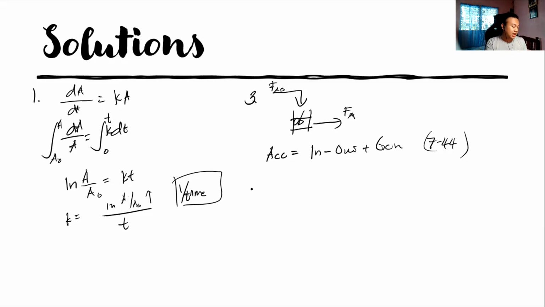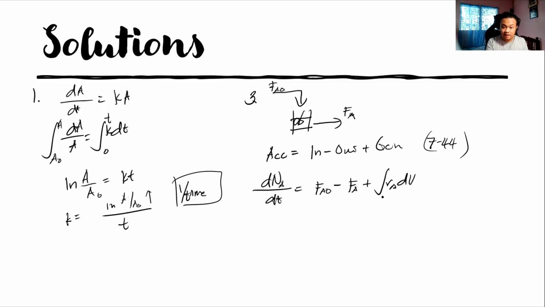We have the accumulation term, dNA over dt, where we name our species A. Then we have the molar flow rate in FA0, then FA, plus the generation term, which is RA dV.